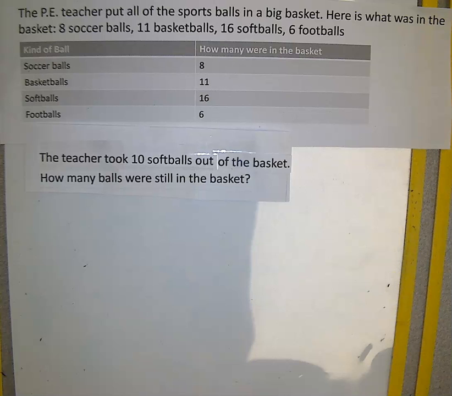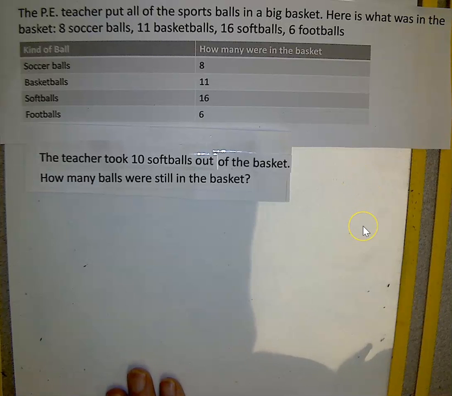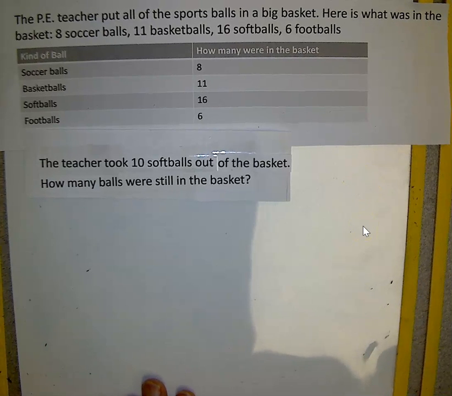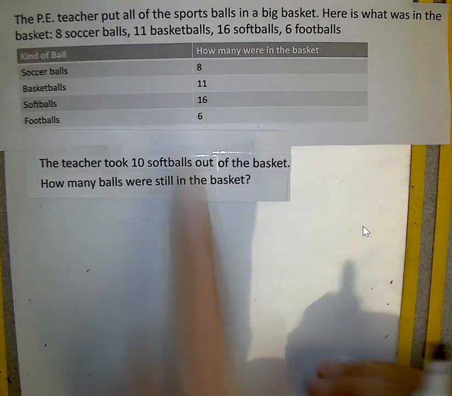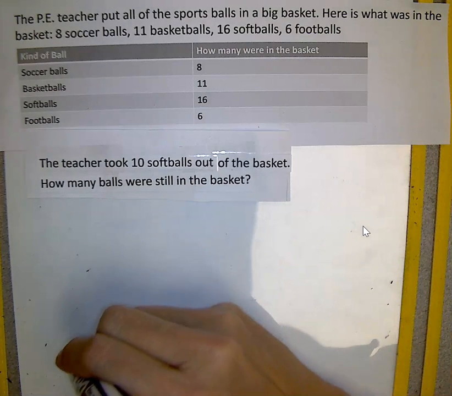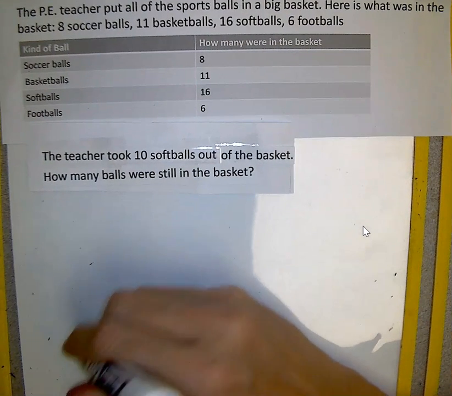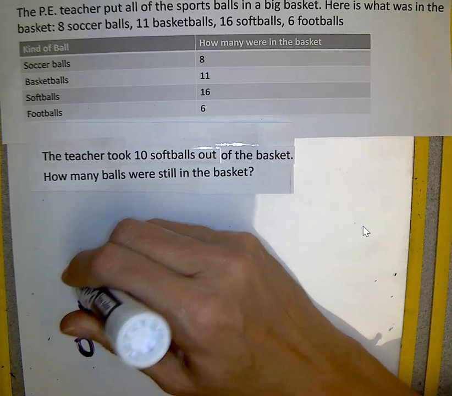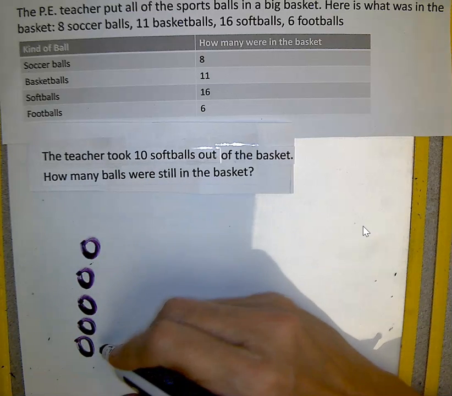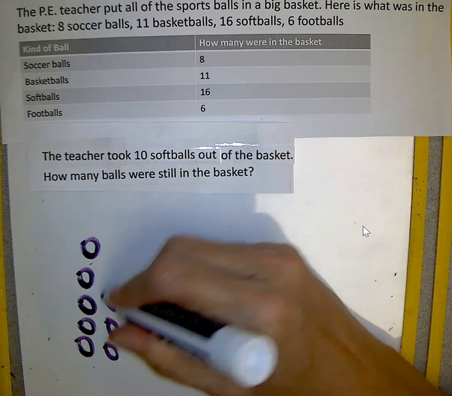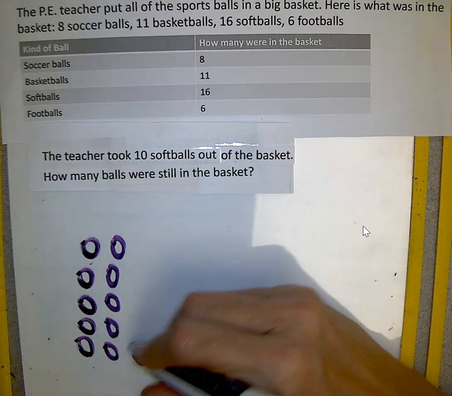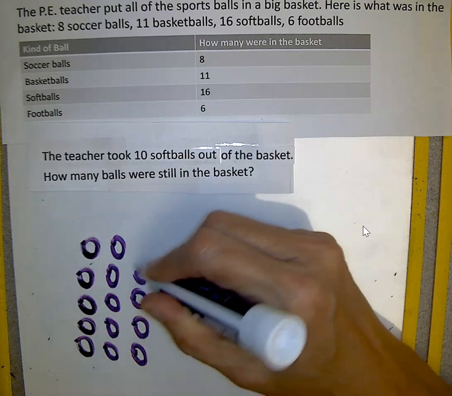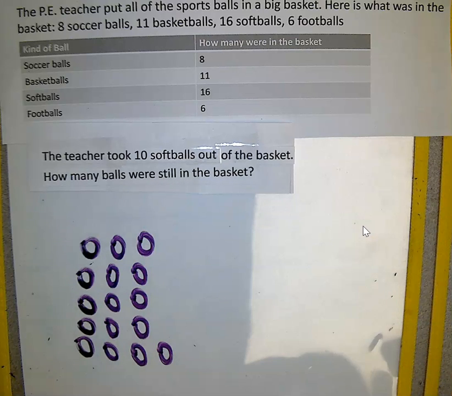This time the teacher took 10 softballs out of the basket. So if I had 16 softballs that I began with, let's draw those. 1, 2, 3, 4, 5, 6, 7, 8, 9, 10, 11, 12, 13, 14, 15, 16.